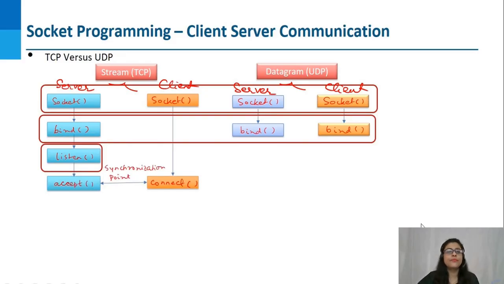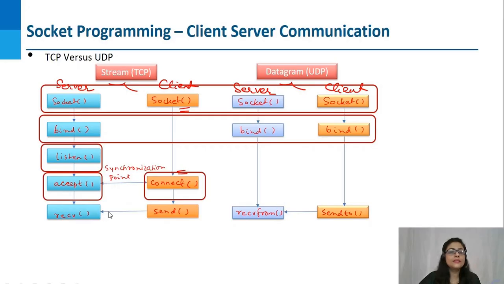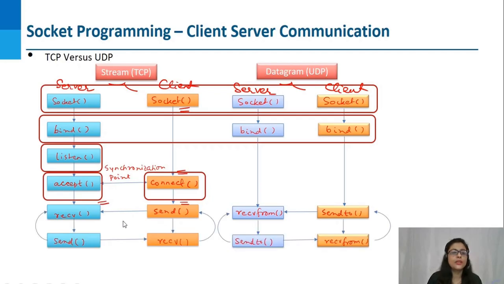Then accept, because here the client has to be created using the socket, and after that it has to create a connect system call in order to make a connection to the server, and the server can accept the connect call from the client at the synchronization point. Then it is the server who is receiving and the client is sending the request. Server is receiving the request. Then the server can send the response.